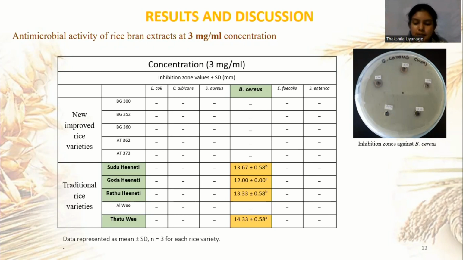Among rice varieties, there was a significant difference in antimicrobial activity against Bacillus cereus. The highest activity was shown by Tatuvi and the lowest by the Godahinadi rice extract.